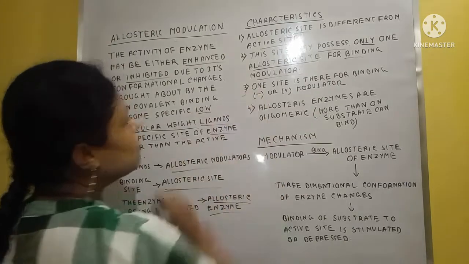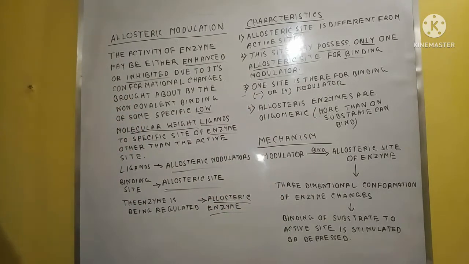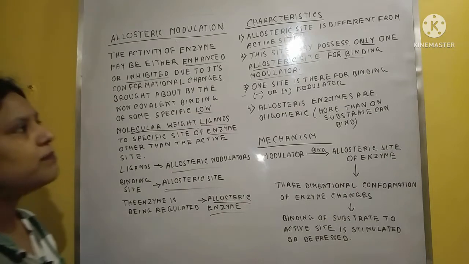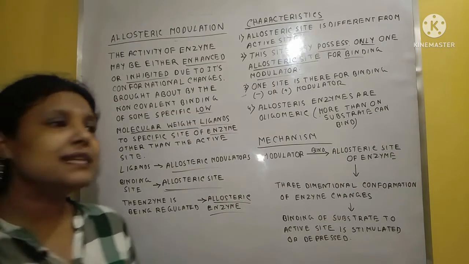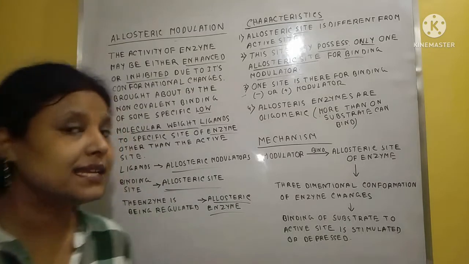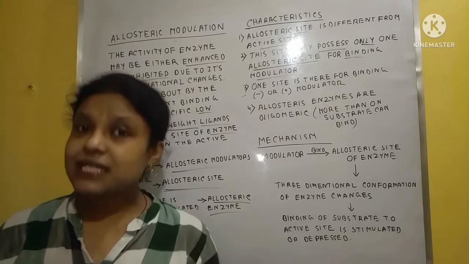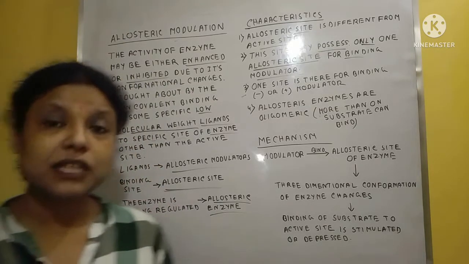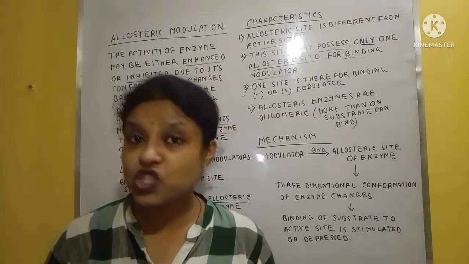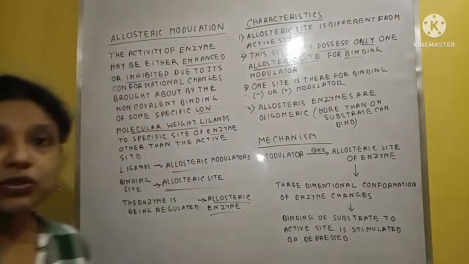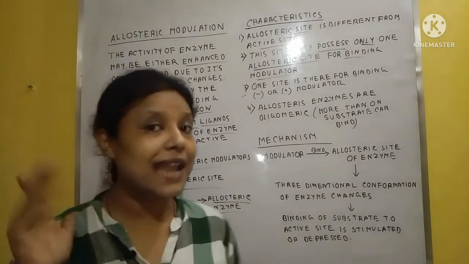Third, the site is there for binding a minus or a plus modulator. If the minus ligand binds there, then the plus ligand cannot bind, and if the positive ligand binds there, the minus ligand has no chance of binding that site.